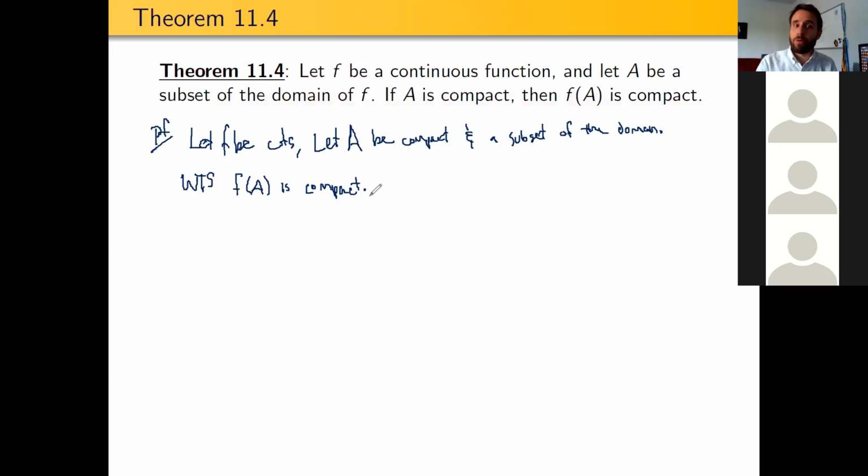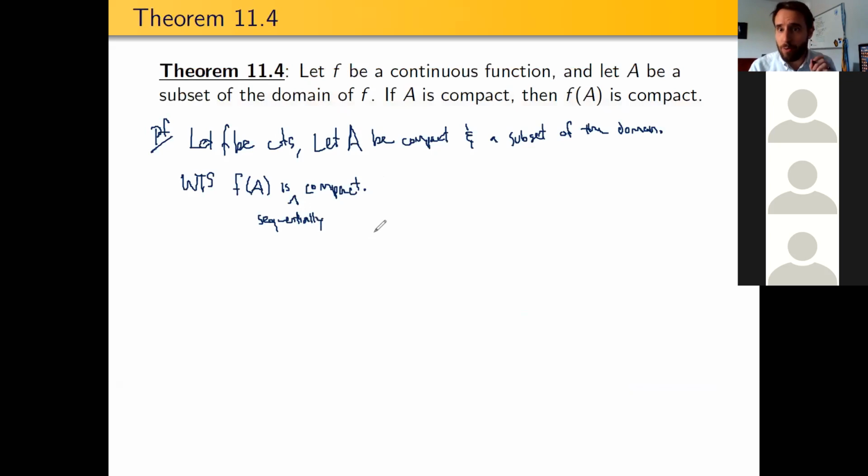And to do that, we will show that the image of A is sequentially compact. Because we just finished showing that if it's sequentially compact, it will also be compact. So we want to show f of A is sequentially compact.